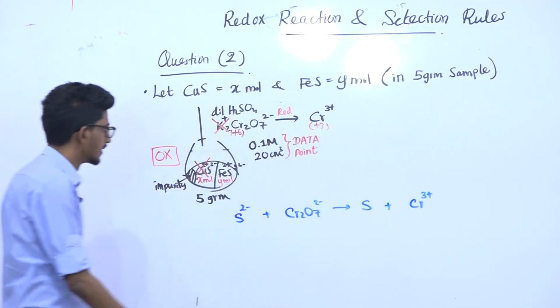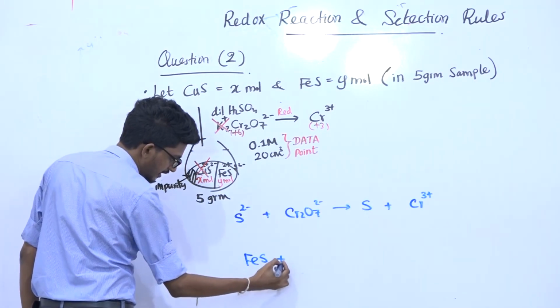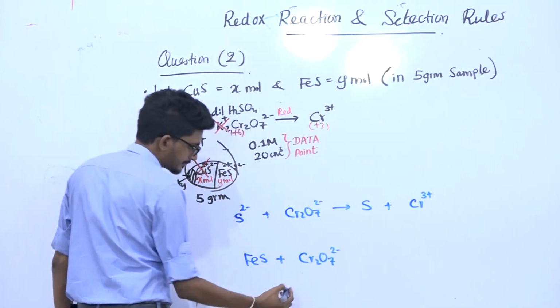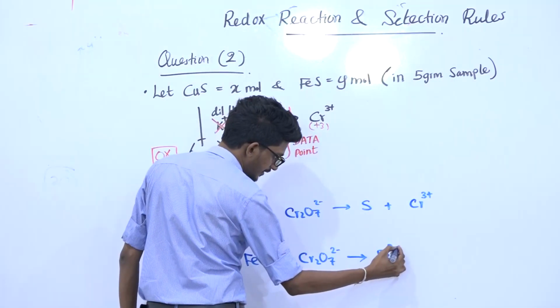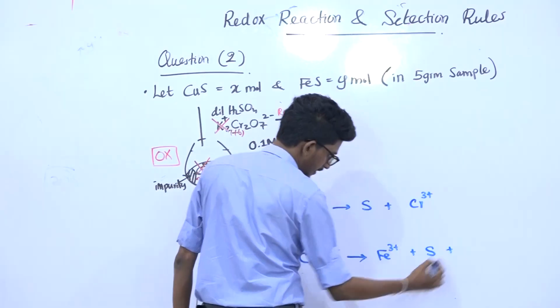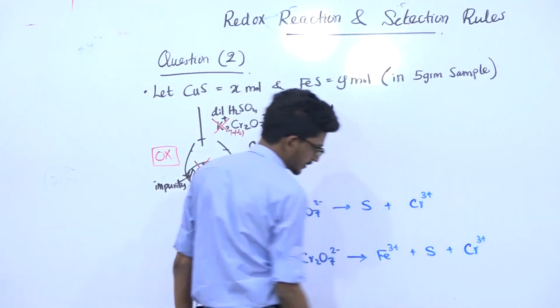What is the second one? It is all about FeS. Both the ions get oxidized with the dichromate: Fe2+ goes towards Fe3+, S2- goes towards sulfur, and the dichromate converts to Cr3+.